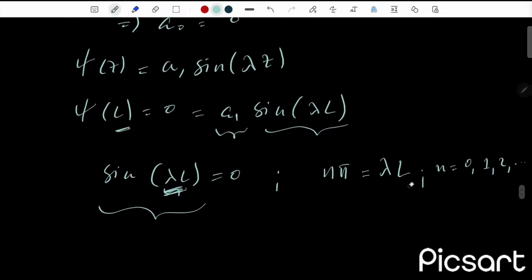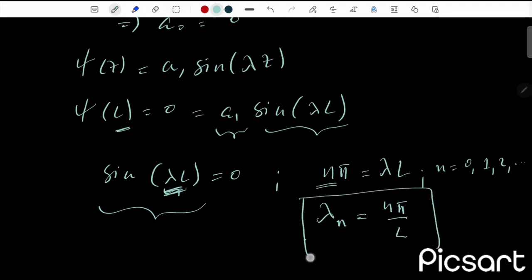Okay, then this means that lambda, where now we will put the index n, must be equal to n times pi over L. This is something that we call the quantization condition.